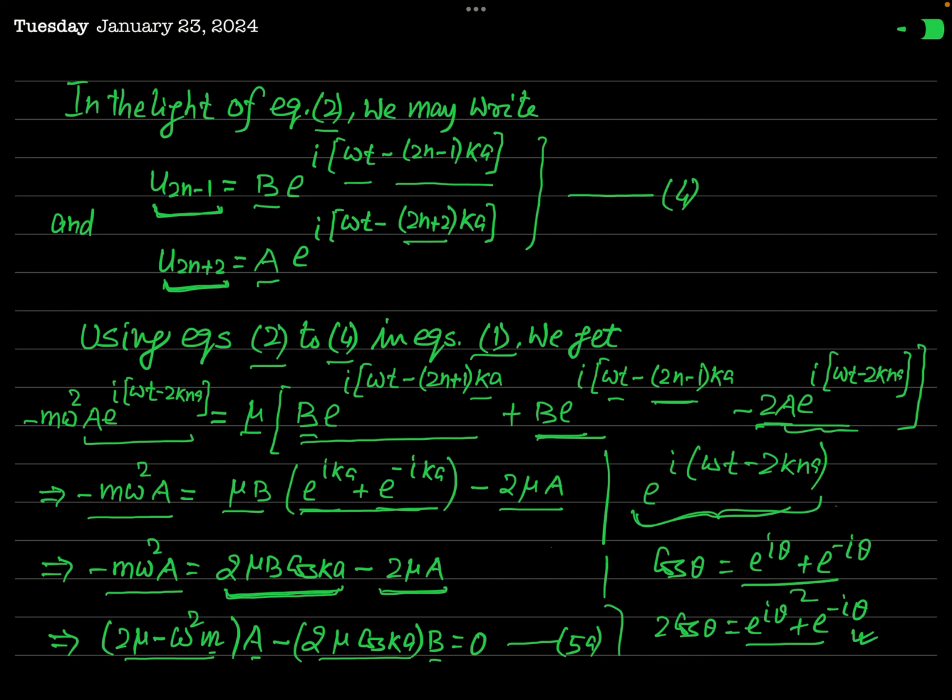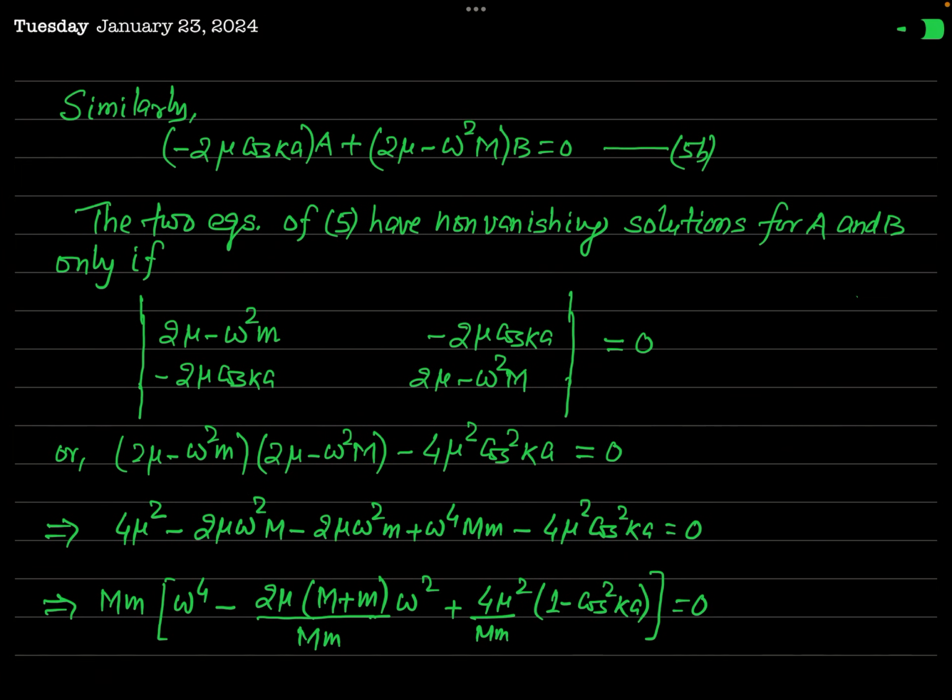In place of a there will be b, and in place of b there will be a. So you can see I have written it on that basis directly here. So similarly, we can write minus 2 mu cos ka times a plus (2 mu minus omega square capital M) times b equal to 0.